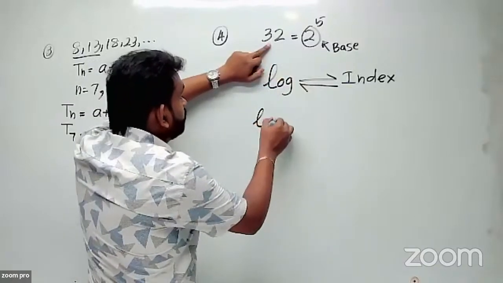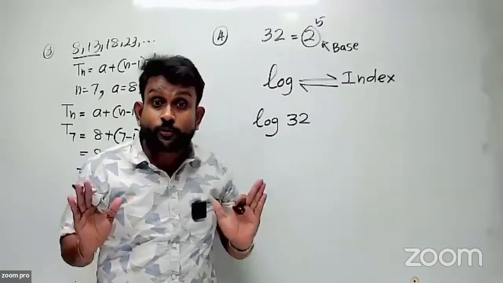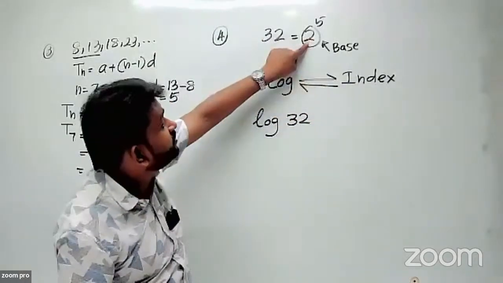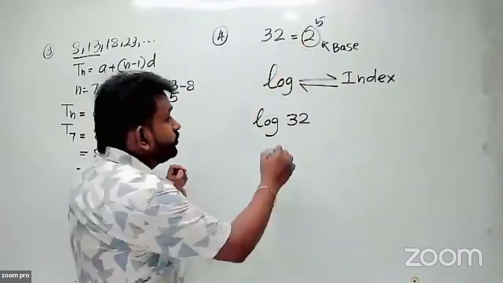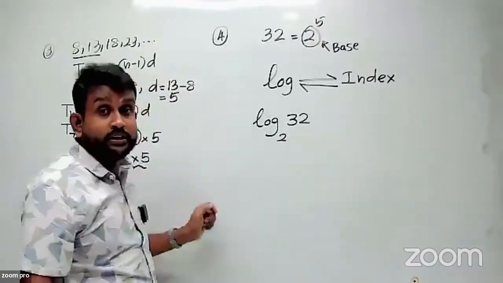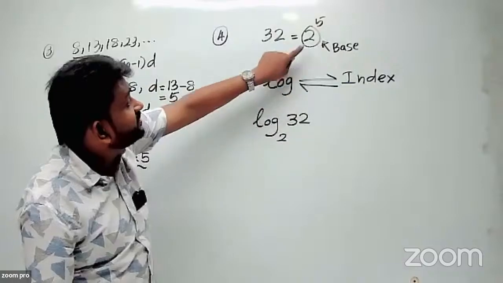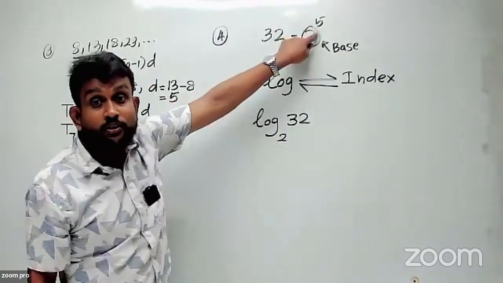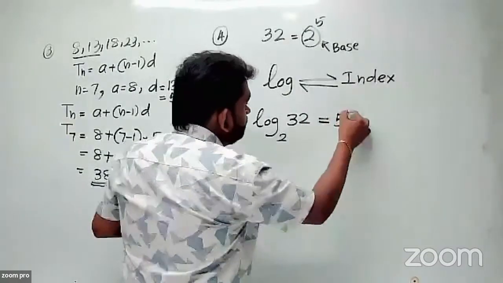So you require logarithm 32. But when you see a logarithm, you require the base, so you bring that base to the log base. What is the base in the index notation? 2. You bring that 2 as the base of this logarithm 32. Now 5 remains isolated as the answer. So here the answer is 5.